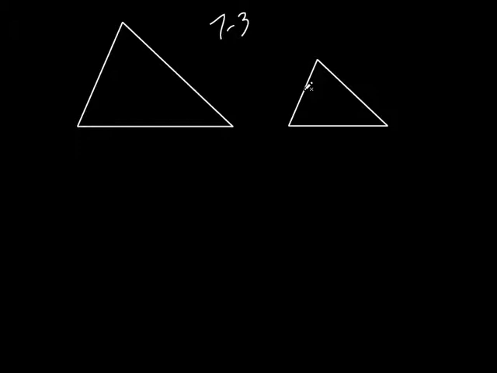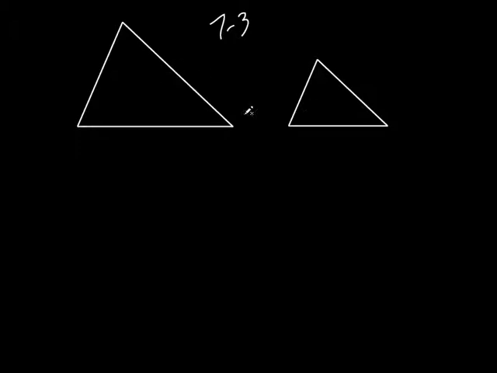Side, side, side. You remember that? If I can show all 3 sides, I don't have to say anything about the angles. So that cut it in half, didn't it? Only 3 things I had to show. It's kind of the same thing with this. Very, no pun included, but similar to what we were doing with the congruent triangles.